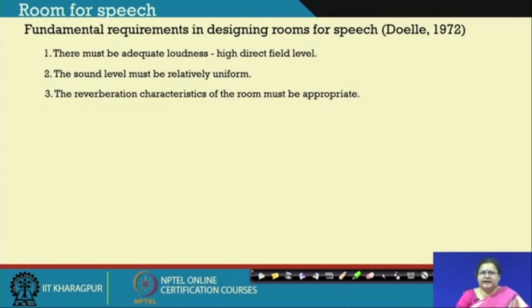The reverberation characteristic of the room must be appropriate. Depending on the use of the room, I had given you charts where you could see how the reverberation time changes for a dead room, medium dead room, medium live room, up to a live room.